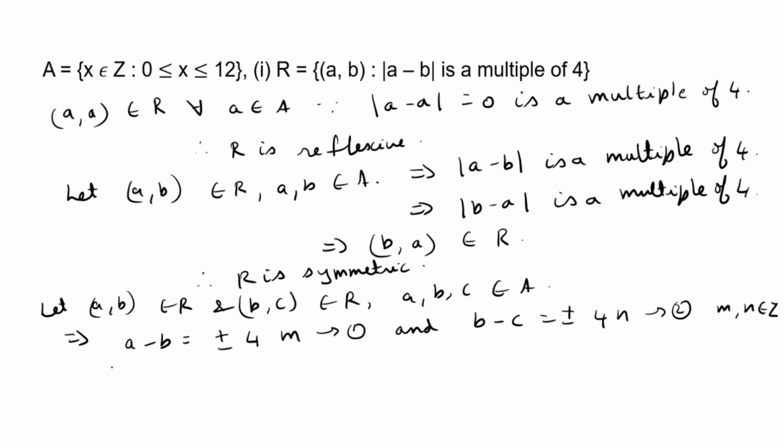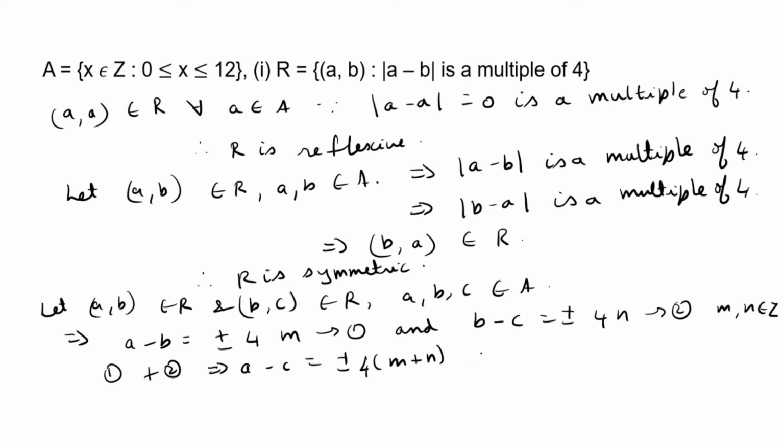If we add 1 and 2, we get a − b + b − c. The −b and +b will cancel, and we are left with a − c. So a − c = ±4(m + n), which means |a − c| is also a multiple of 4.